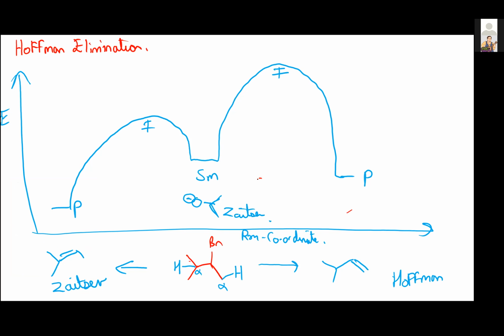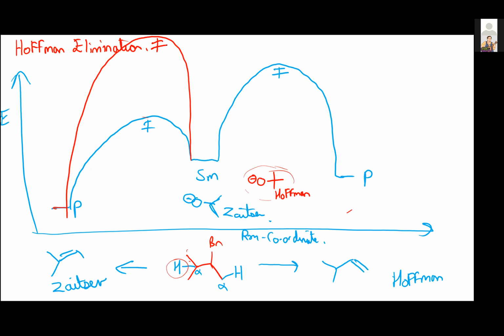So let's say we switch bases to a Hoffman base. Now suddenly I'm really bulky. And this product is still this product, but this transition state would involve, to attack this hydrogen here, getting awfully close to this thing. That's really crowded. So suddenly this transition state spikes in energy, because I don't have a really good way to get that big, bulky base in there.